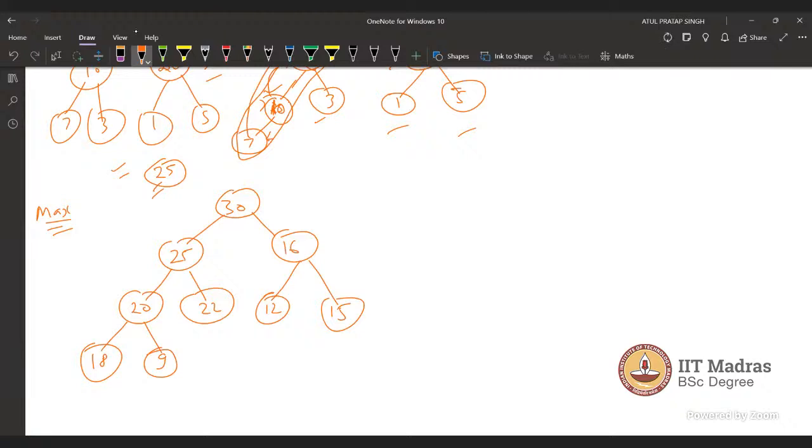So the last inserted node happens from this position, because this is the last position. When we insert any node at the last, first we add it at this position. Then if the value is greater than its parent, it moves up to the parent, like in the previous example where we added 25 and it moved to the parent node.